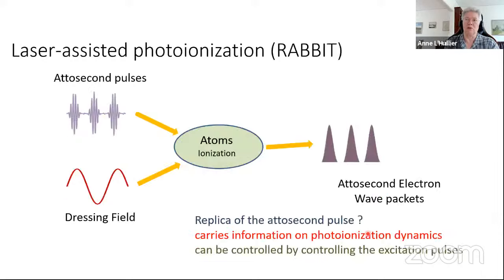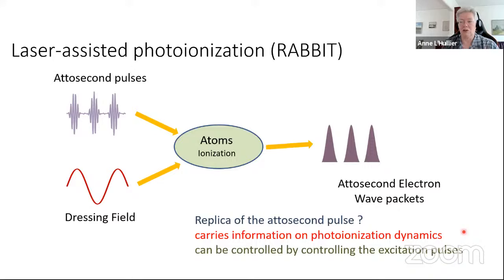Let me come back to this picture here. Laser-assisted photoionization was first used to characterize attosecond pulses, and has been used a lot to study photoionization dynamics, exactly as I showed you.